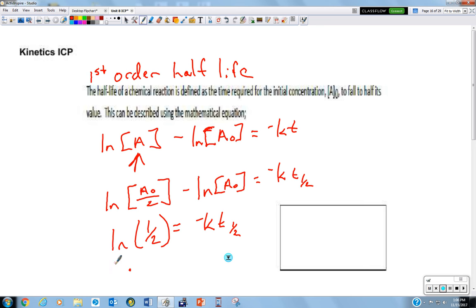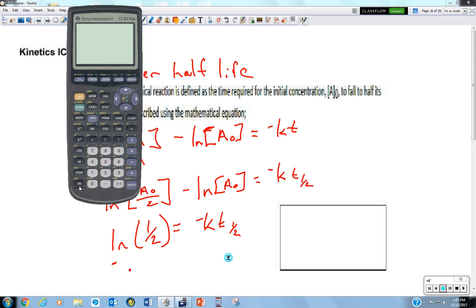So natural log of 1 divided by 2, we get a negative 0.693.